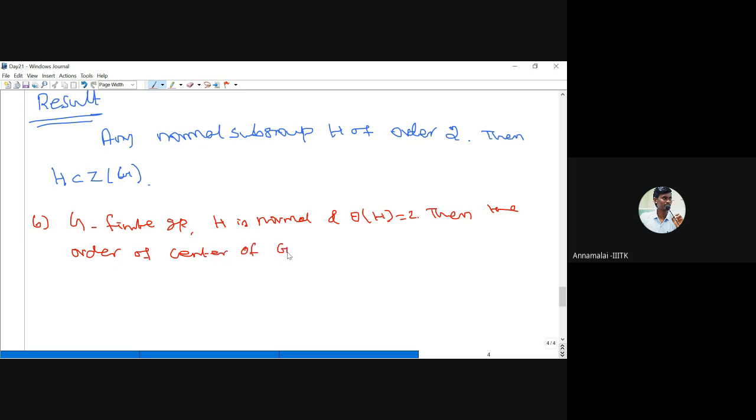By the result, H is a subset of Z of G, but itself is a subgroup, therefore it's a subgroup of Z of G. Anyway, this is a subgroup of G. So the options are: first option A is 0, B is 1, C is an even number.